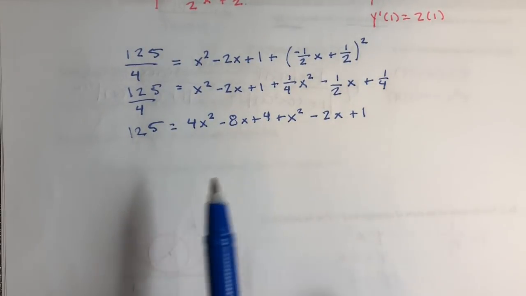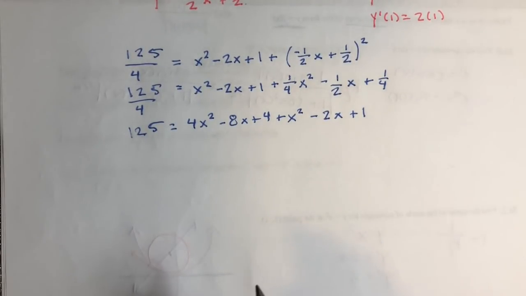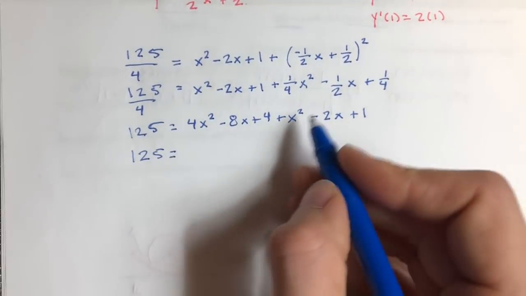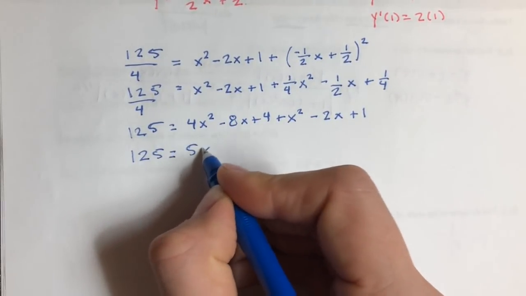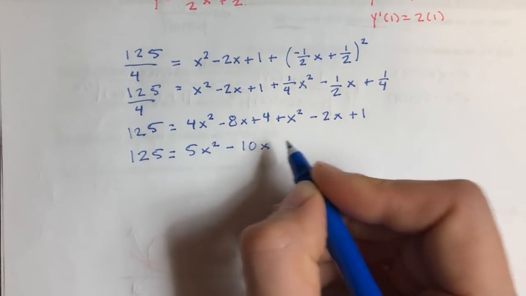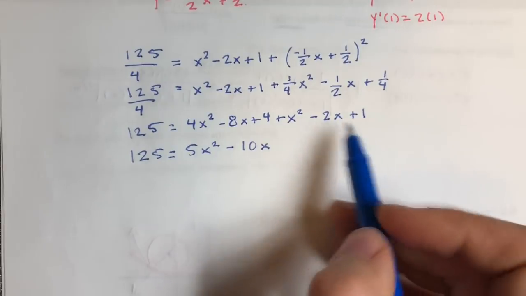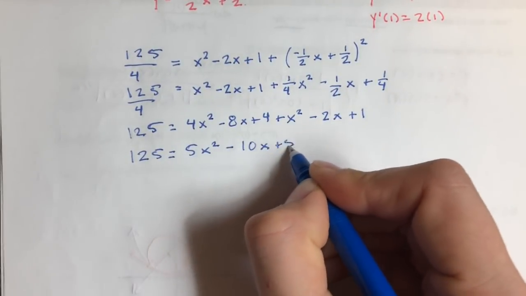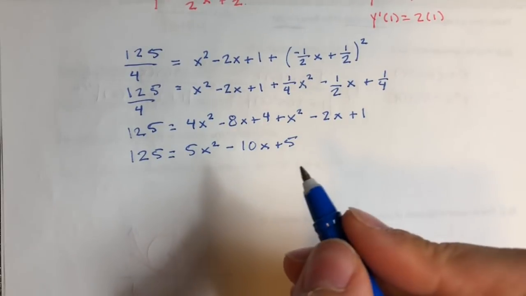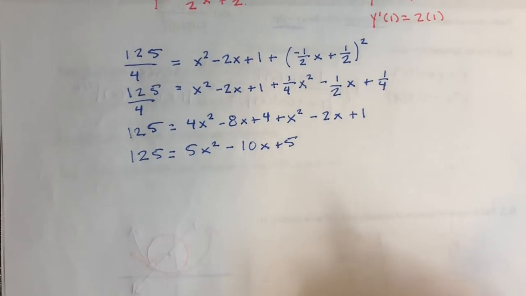You don't have to do that if you like fractions, but I think that makes it easier for me to visualize. All together, without moving anything, I've got 125 equals 5x squared minus 10x, and then plus 5. So if I set this all equal to, ooh, that would be nice, I could divide everything by 5.